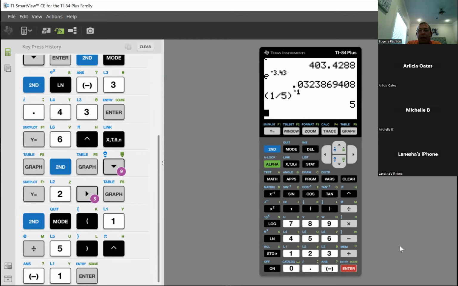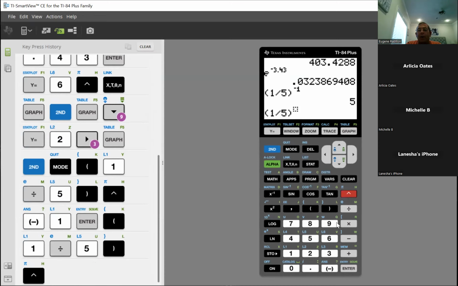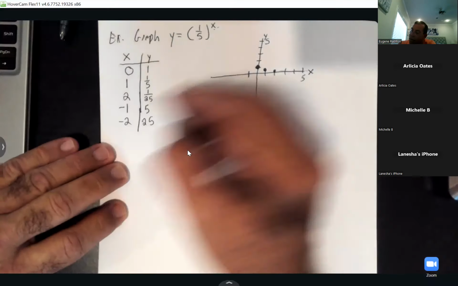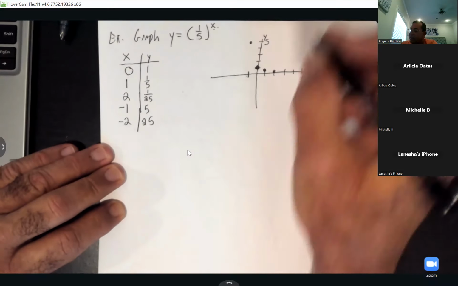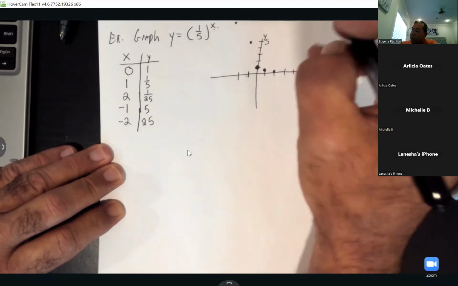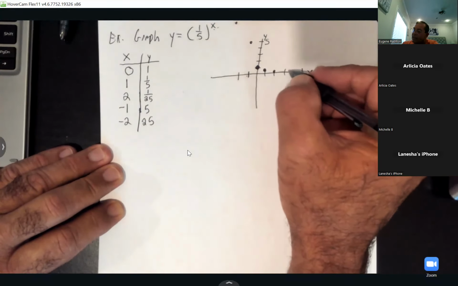If you'd have put in a -2 for that, 1 divided by 5, and if you put in an exponent of -2, it's going to give me 25. So let's look at my paper again. So at -1, you were up here at 5. So see, this left side is what's at -2. You're way up here at +25. So you're seeing how the graph is going to come in, cross the x-axis.